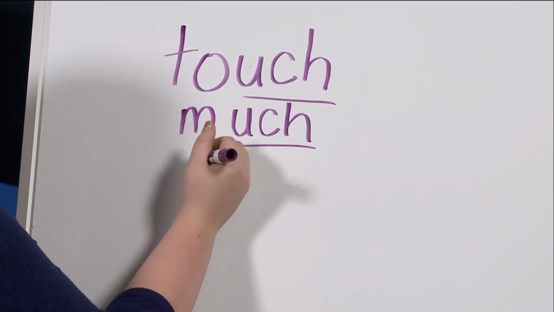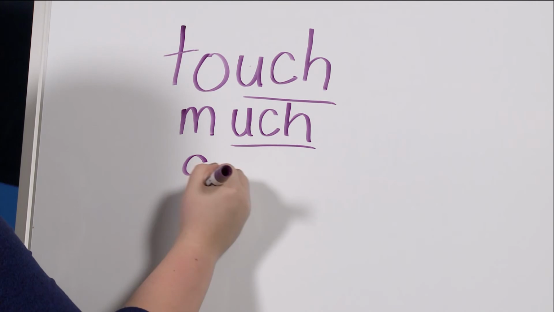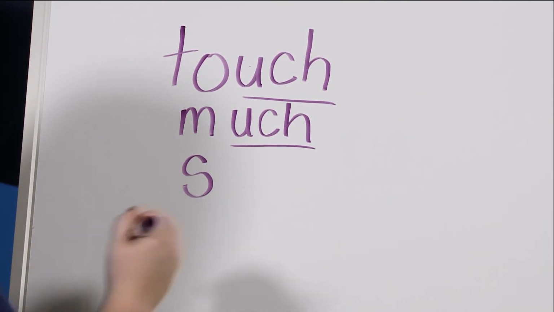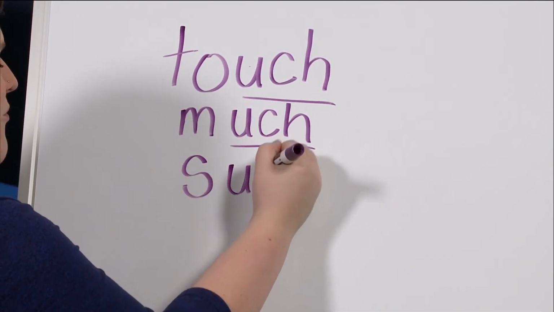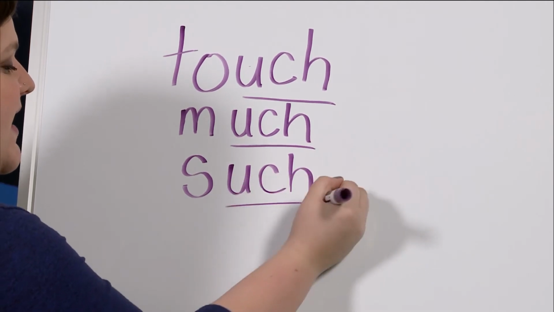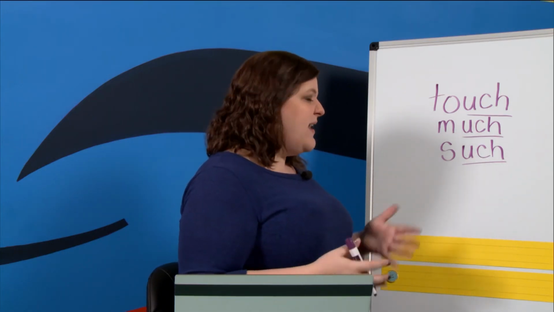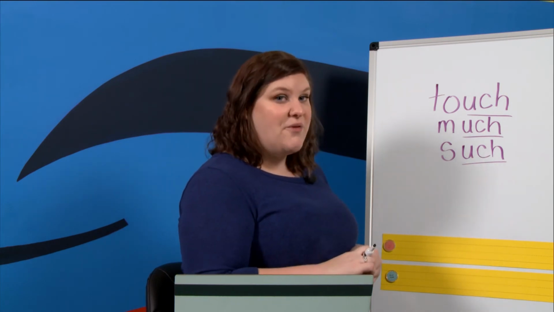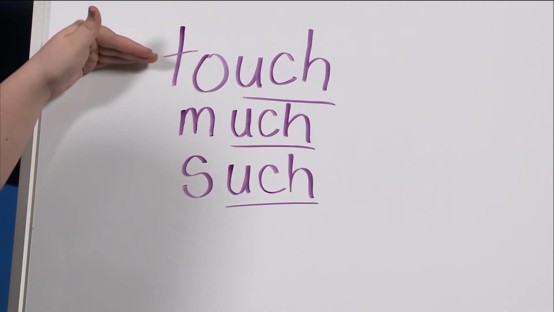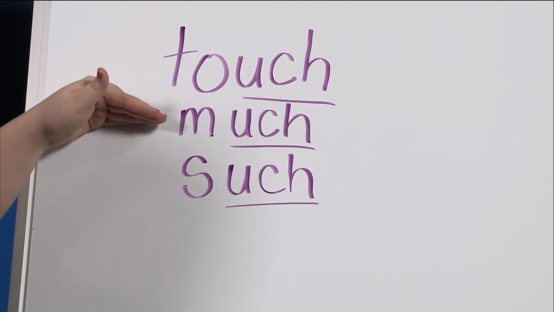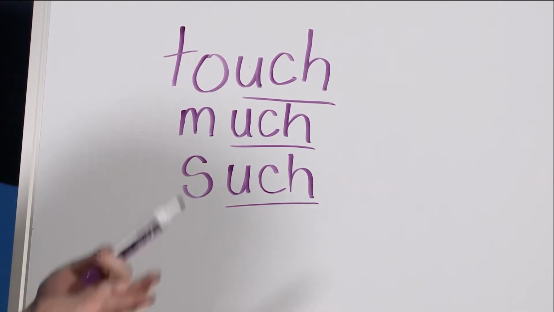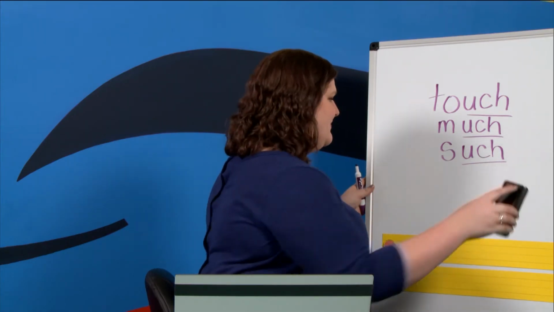I know that such begins with an S because it says /s/. And we have the same ending sound because rhyming words are made when words have the same ending sound. Let's say all of our rhyming words together. Touch, much, such. Great job.